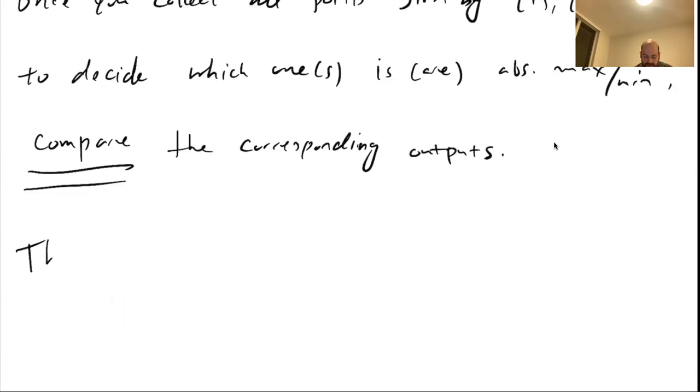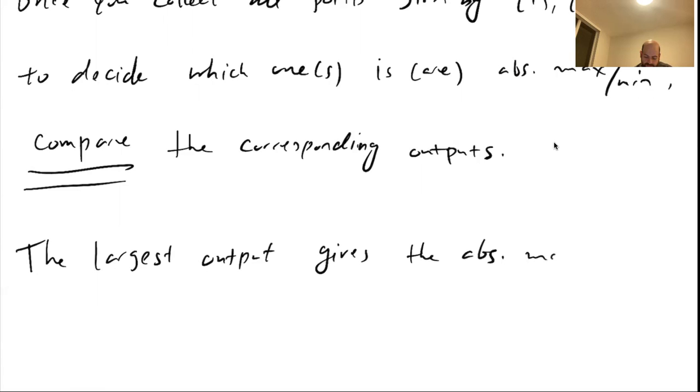The largest output gives the absolute max. The smallest output gives the absolute min.